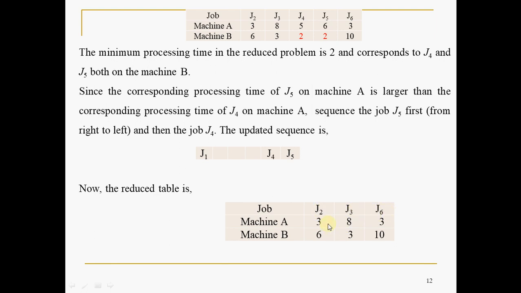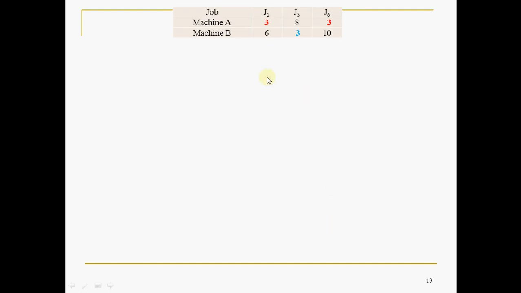Now in the remaining table, again the least processing time is 3, and there is a tie. So now this tie comes under case 1. Fine. Again for convenience, this table has been rewritten.